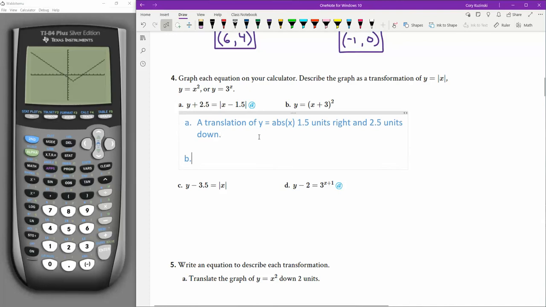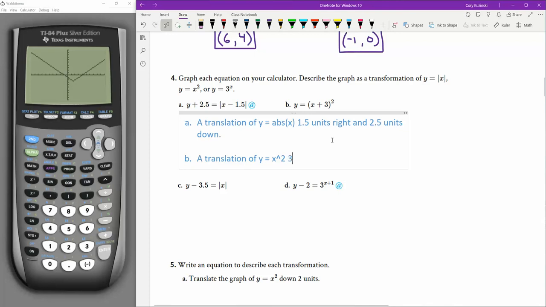All right, and for B, a translation of y equals x squared. I'll just type it like this. This is the easiest way for me to type it. Translation of y equals x squared. That plus 3 is like minus a negative 3.